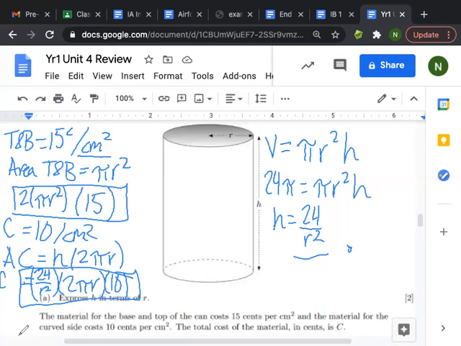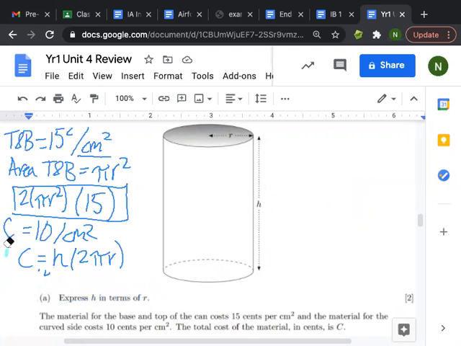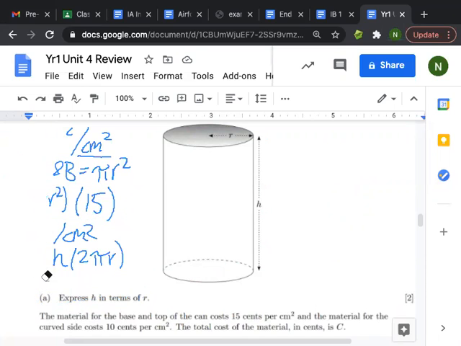Then it says, given that there is a minimum value for C, find this minimum value in terms of pi. How do I find a minimum? First derivative equal to 0. Love it. So I take the answer that they gave me and take the derivative. This is a good reminder because it has a fraction.